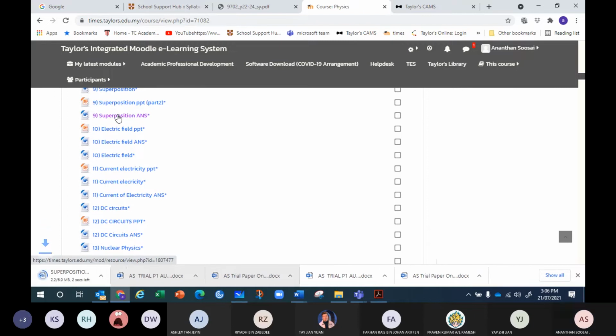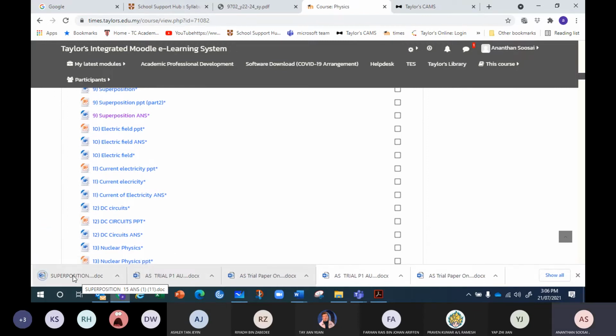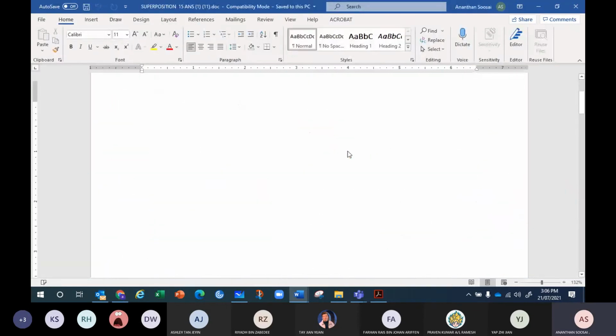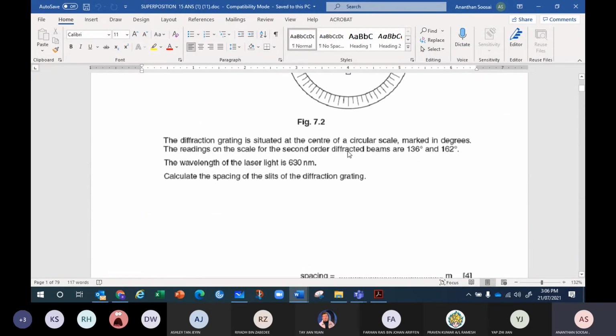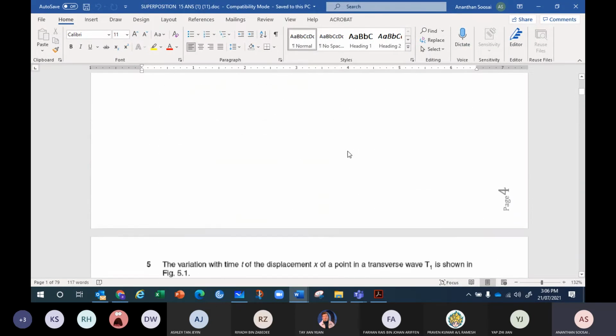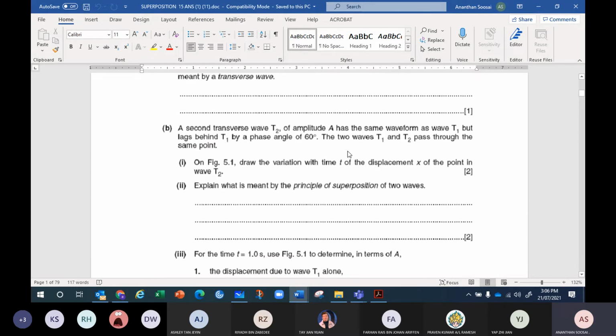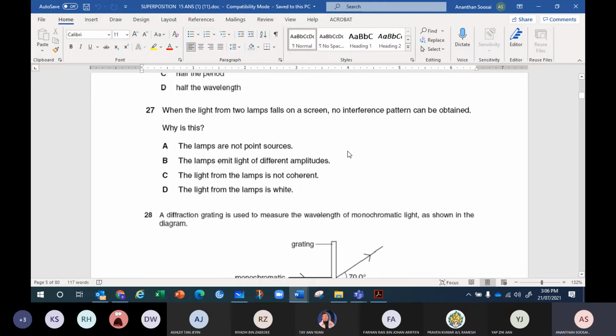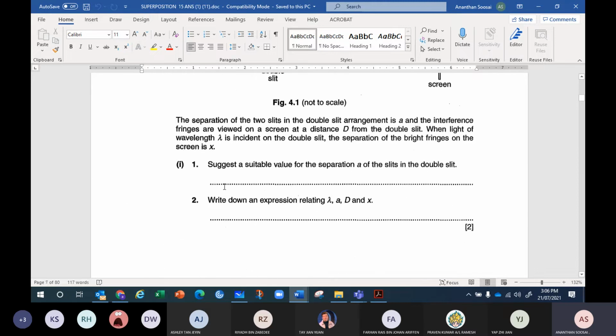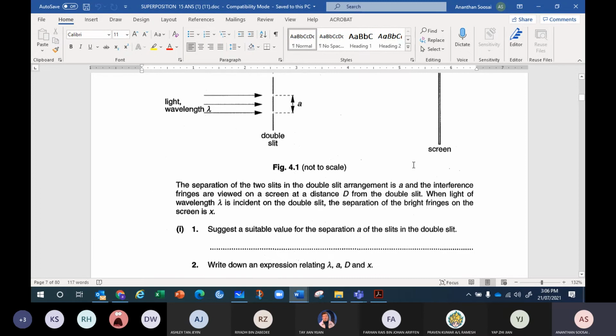I show you the range for the a value. There is one past year they asked about the suggested value. Yeah, this one. Suggest suitable value for the separation of slits in the double slit.